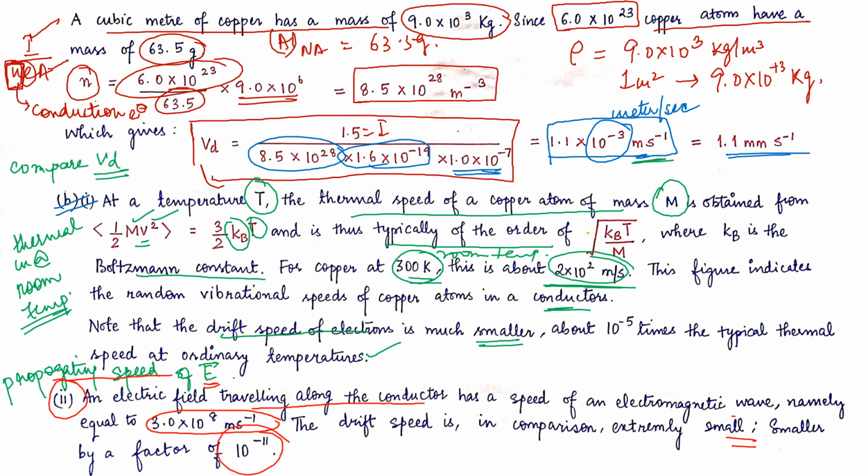Normally all these electromagnetic waves travel at the speed of light. Speed of EM waves equals speed of light.